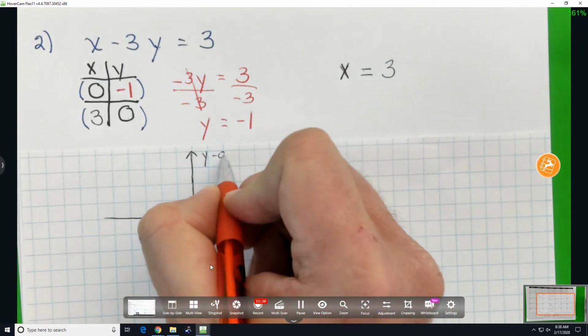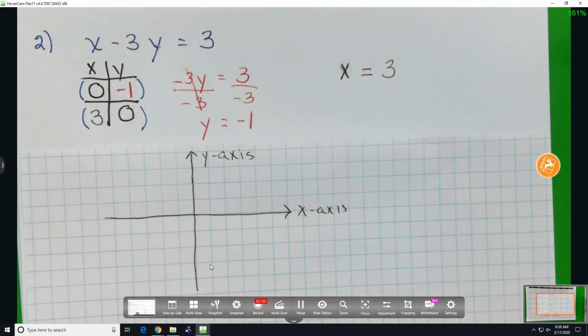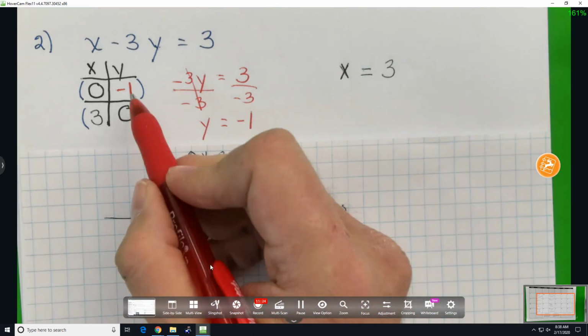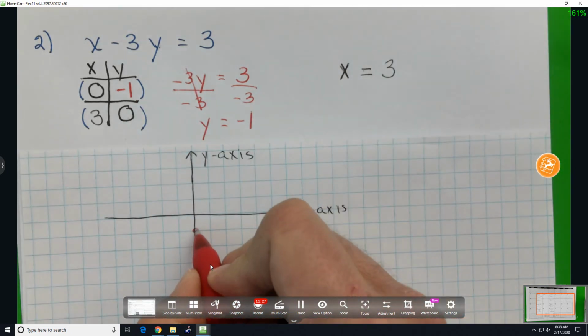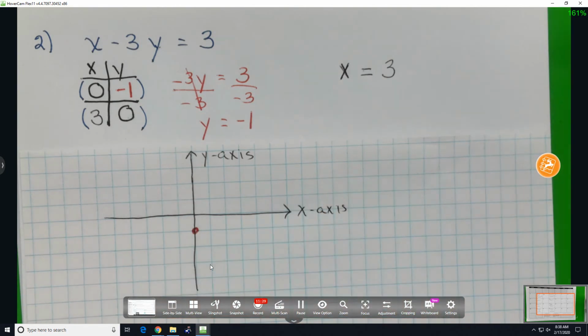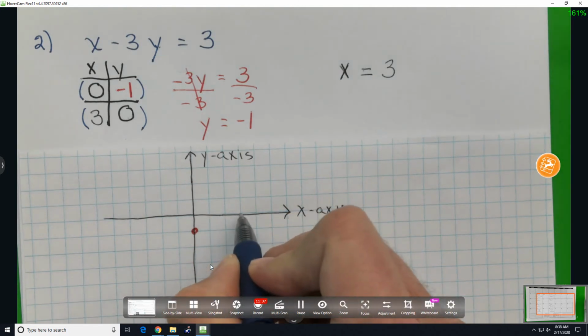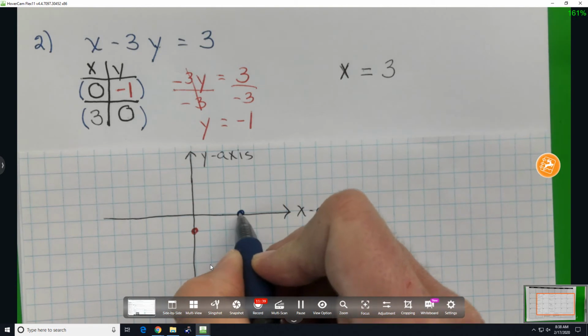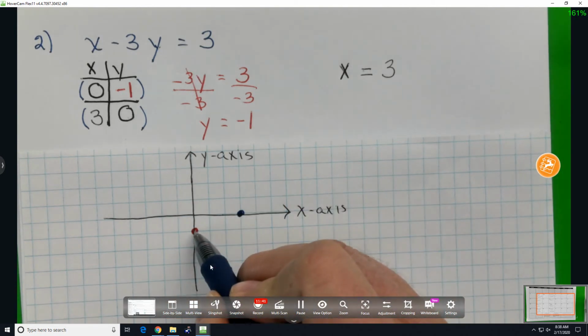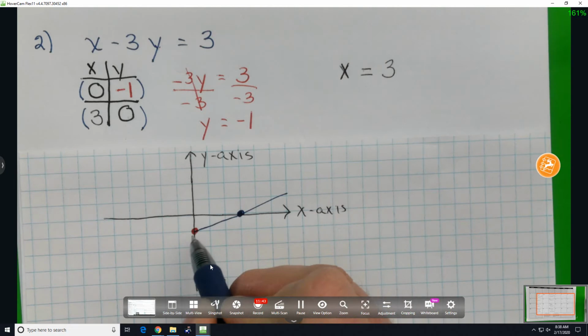There's the y-axis. 0, negative 1: over 0, down 1. Right there. And then right 3, up 0. 1, 2, 3. So when I connect these dots, it's a slanted line.